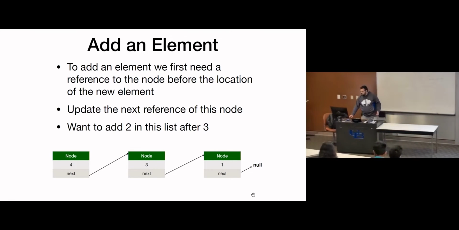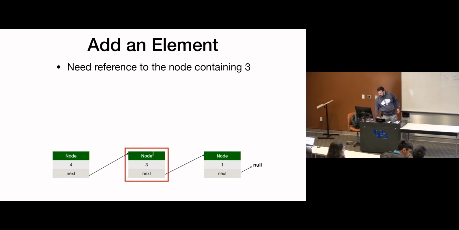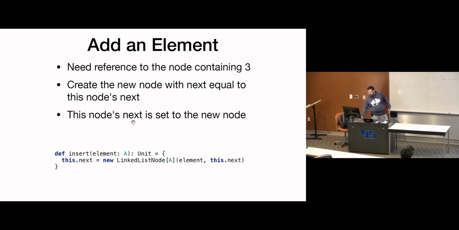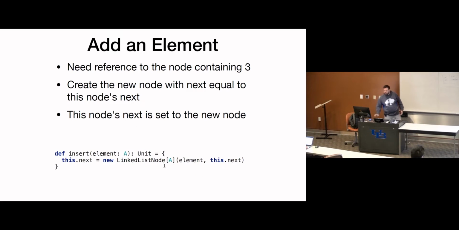So we want to add the value 2 after the value 3. We need a reference to 3 because we have to update this node, and we're going to add our new node with a next pointer referring to whatever this node used to be referring to, and this node's next will be updated to the new node that we just created. And in code, we saw that it looked like this.